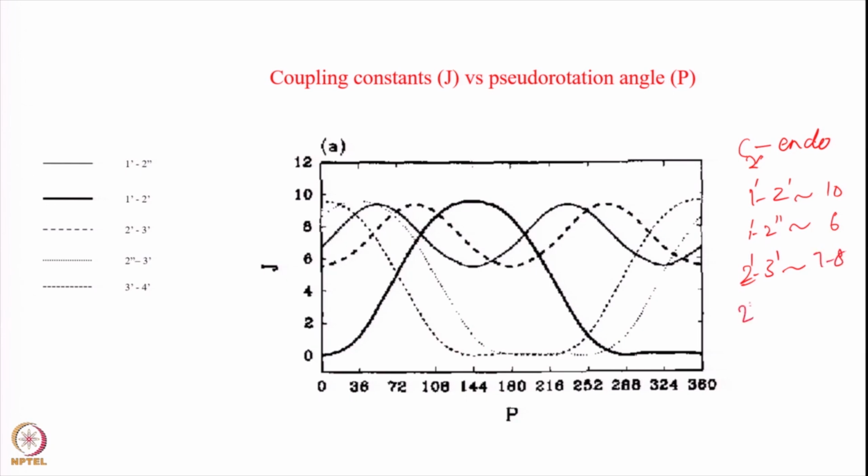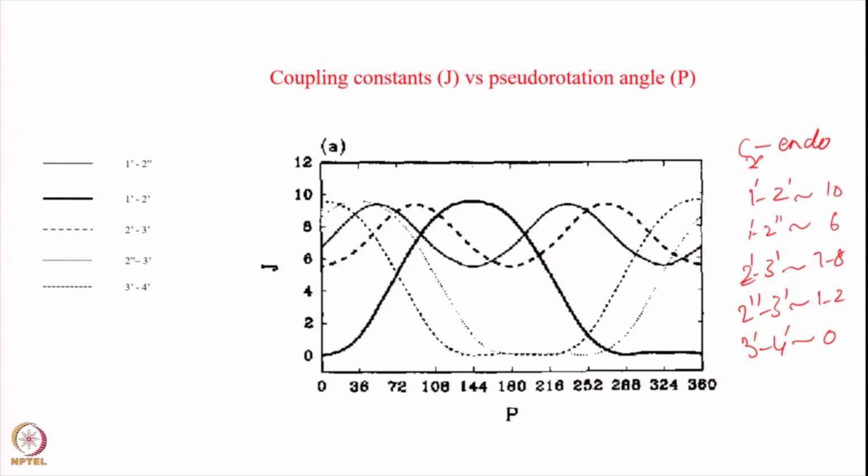And what about 2 double prime 3 prime? This is about 1 to 2 Hertz, or less than 2 Hertz. And 3 prime 4 prime is 0. Okay, and these are very characteristic coupling constants, and they will show up in the cross-peak fine structures. This we are going to discuss.